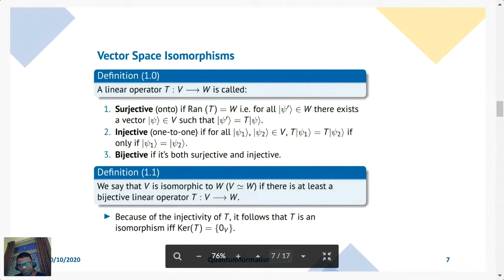I've added 0_V here because obviously the kernel is defined on V. So I challenge you to go and try to prove this, that T is injective only if the kernel is 0.